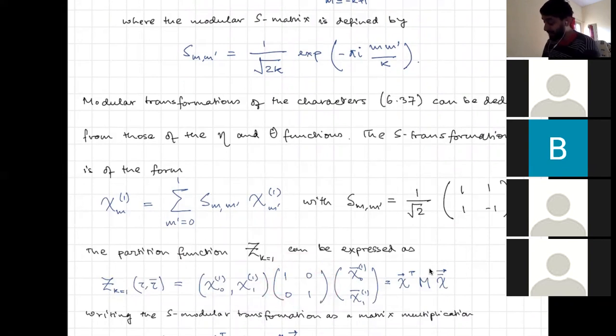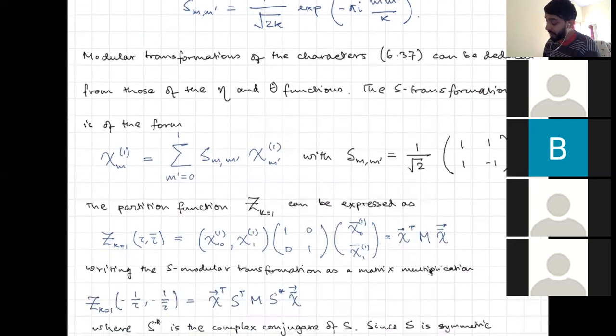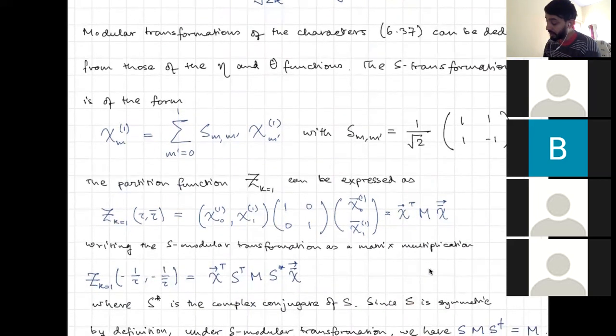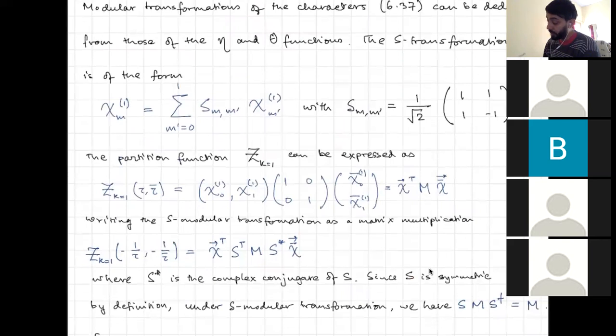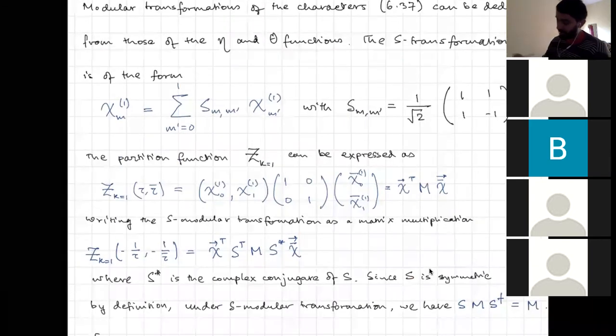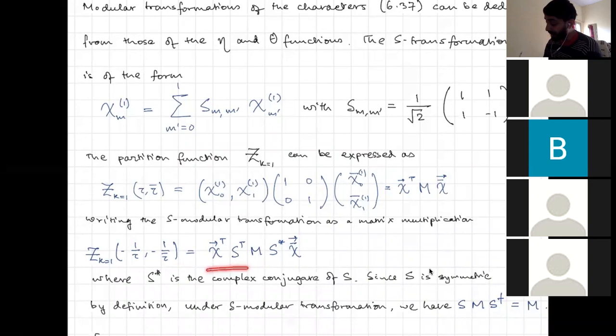In this case, that's just a diagonal matrix, and times the bars of this. So this is the transpose of the vector, and this is the bar of the vector. And so what is happening is that if you do the S modular transformation of this guy, this goes into something like this.